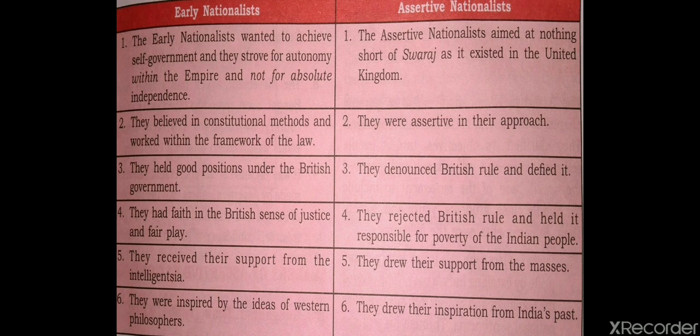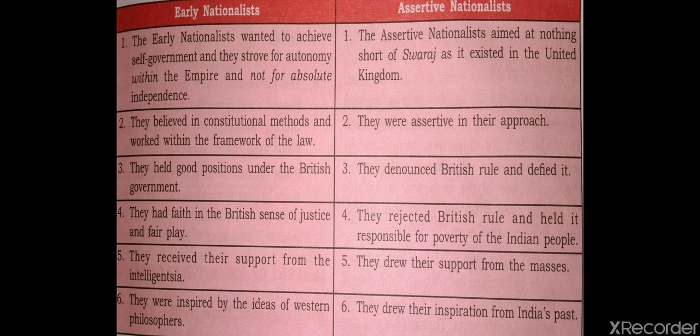Early nationalists received support from the intelligentsia. Intelligentsia means people from the middle class, especially lawyers, doctors, and teachers. Whereas the assertive nationalists drew support from the masses, which I have discussed just now, which included people from all sections of society: men, women, children, youngsters, rich, poor, middle class people.